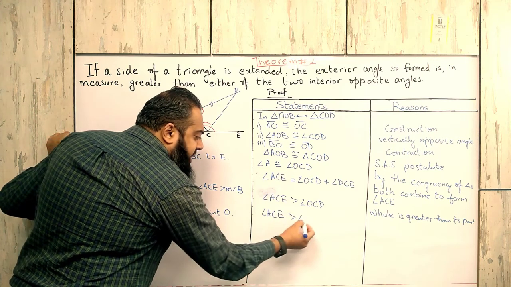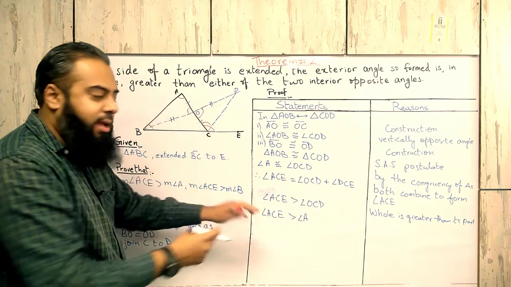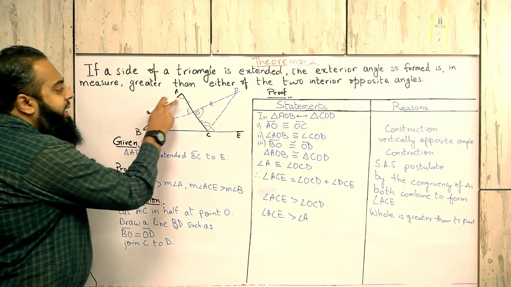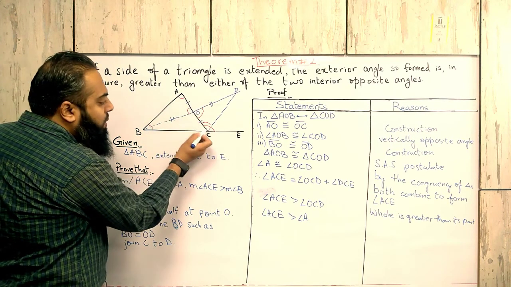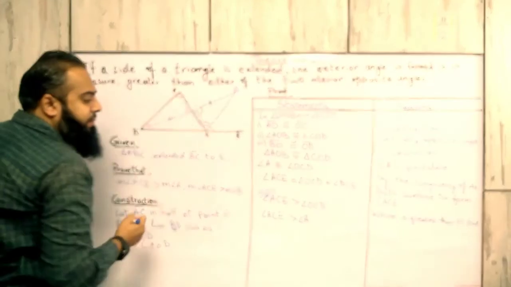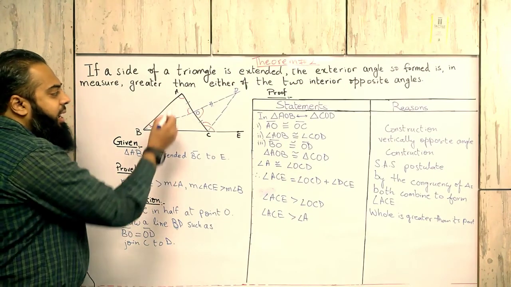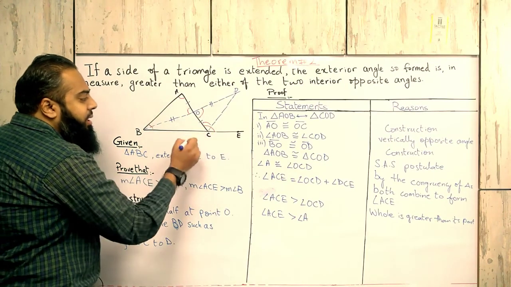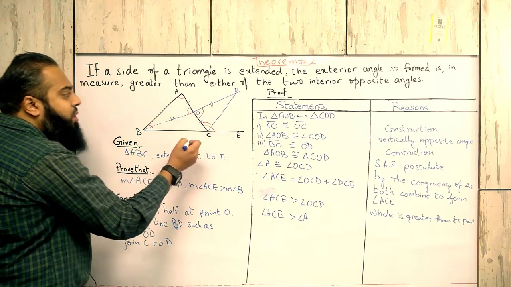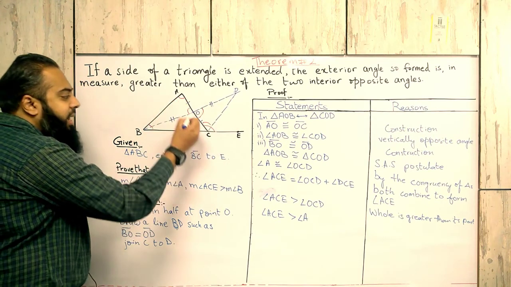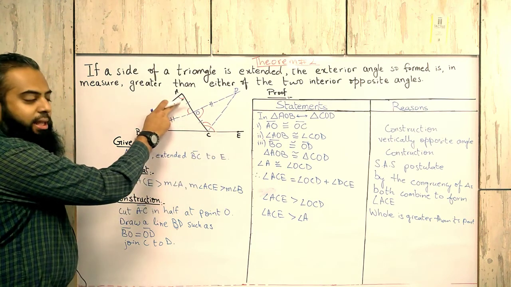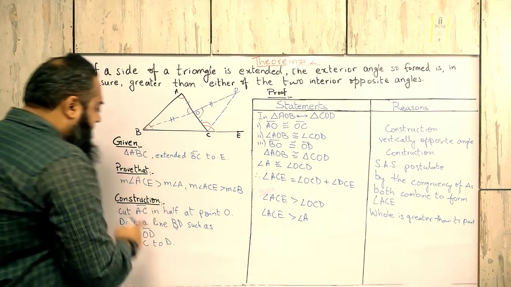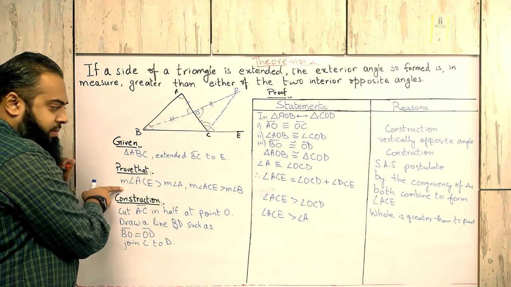Therefore, ACE will be greater than angle A. As angle A equals angle OCD, and angle ACE is greater than angle OCD, we will get that angle ACE will also be greater than angle A. And that has to be proven.